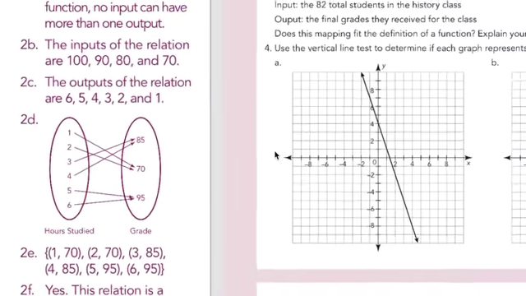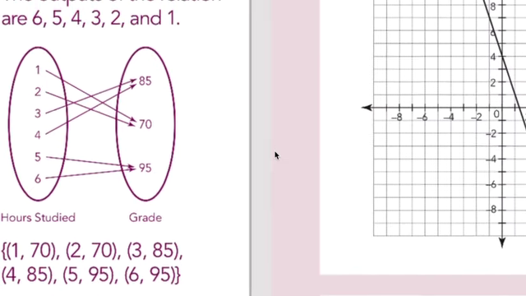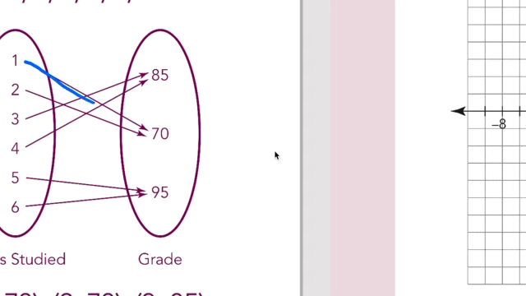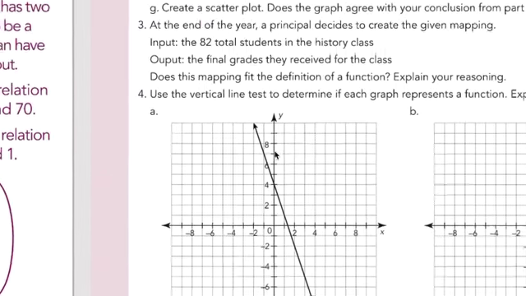It should look like this, right? And it's a function because, number one, the input goes to one output, not to two. Even though this input goes to here, it goes to one answer only. 4 goes to, even though it's the same answer, only 1. So it is a function. And then answer those.